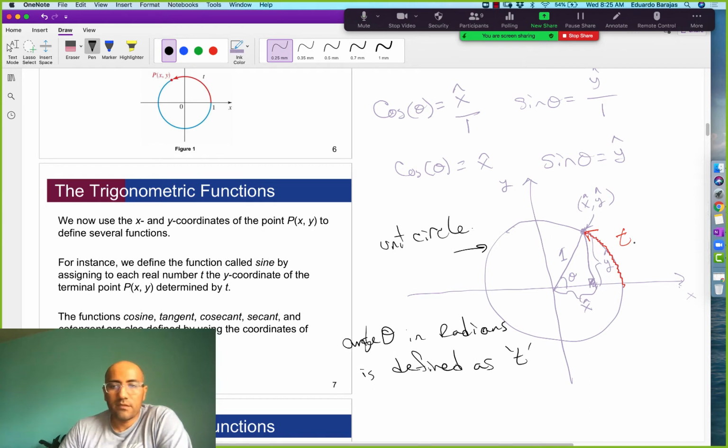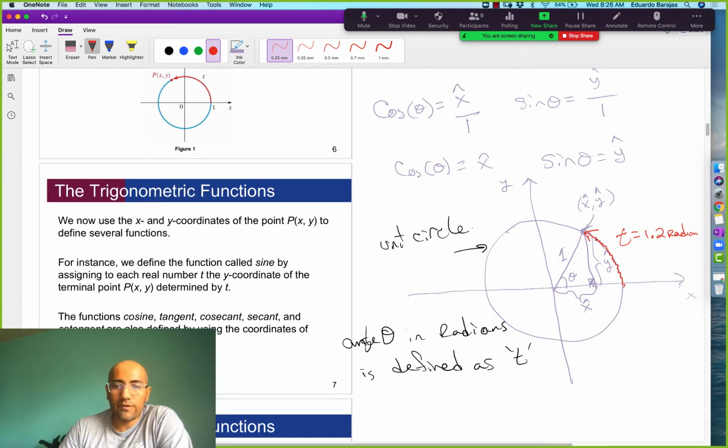Does that make sense? So, for instance, if t was equal to 1.2, whatever units that is, it could be inches, feet, meters, it doesn't matter.